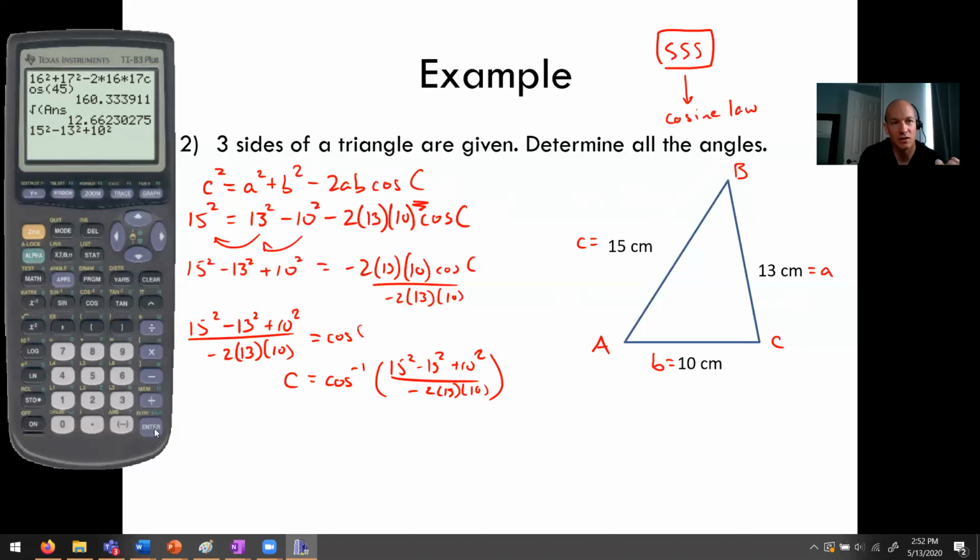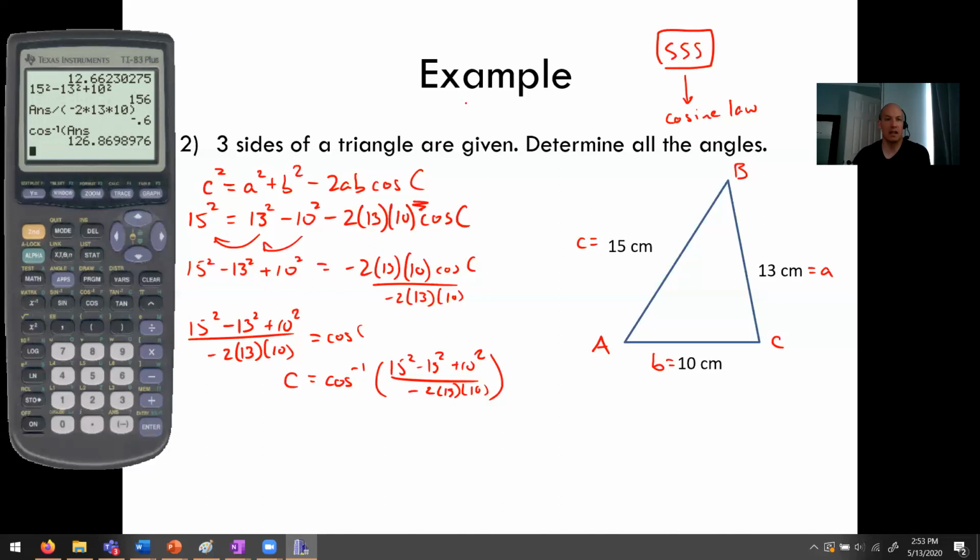I actually kind of like to work out the numerator, so I'm just going to push equals. Then I'm going to divide it by, in brackets, negative 2 times 13 times 10. Close it all up. You have to use brackets there, otherwise it'll just divide by negative 2 and then multiply by 13 and 10. So I get this, and then I go inverse cosine of that answer, and this is probably the safest way of doing it all.